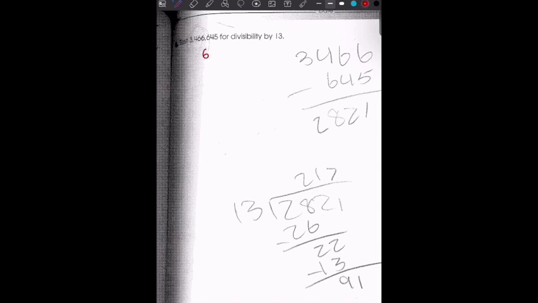The last 3 digits are 645, and the preceding digits are 3,466. And so the difference is going to be 2,821.